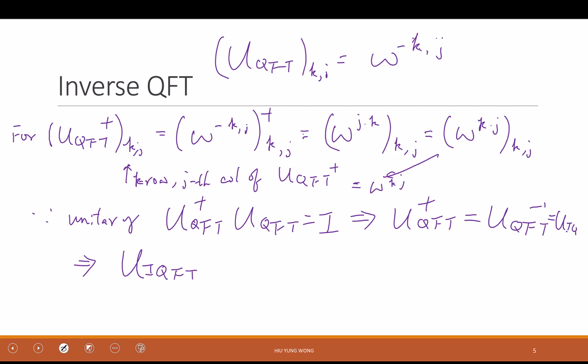I don't have enough space, so let me rewrite it better. U QFT inverse equals U IQFT, just a definition. This is called the inverse quantum Fourier transform. It has a matrix which is equal to omega to the kj.